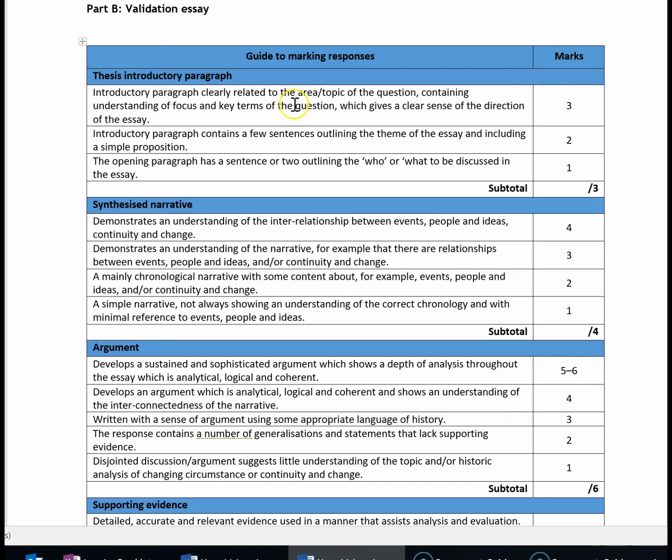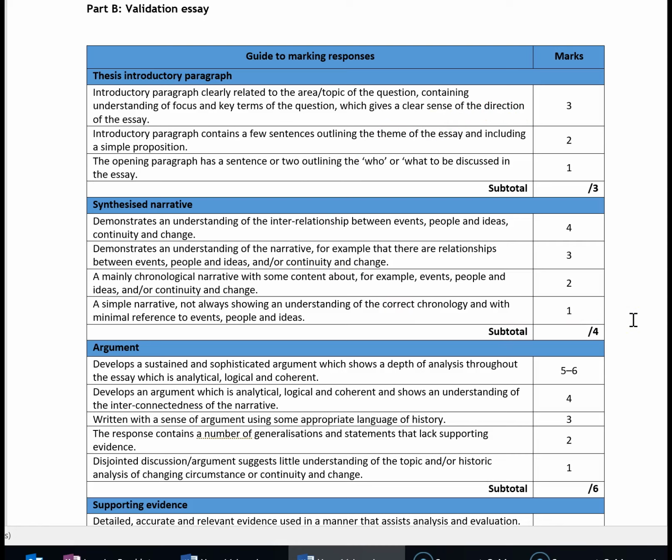Okay, so you get 3 marks for a really good introductory paragraph. For that, you need to have a clear understanding of the answer to the question. You've got to provide a focus, so you want definite time periods. You need to actually have a thesis that takes into account the question, and you really need that clear sense of direction.